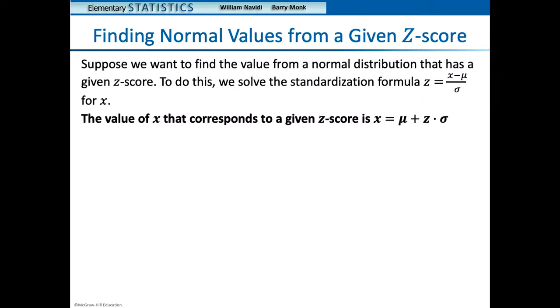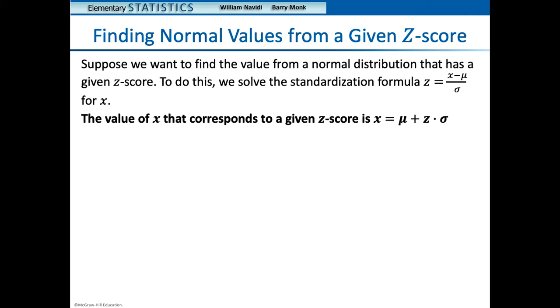So let's go over how we might do that. First of all, once we find the z-score corresponding to a specific area, we are going to want to convert that back to an x value or a data value. Now we can use the z-score formula to do that, but this time z is a given value and we're trying to find x.